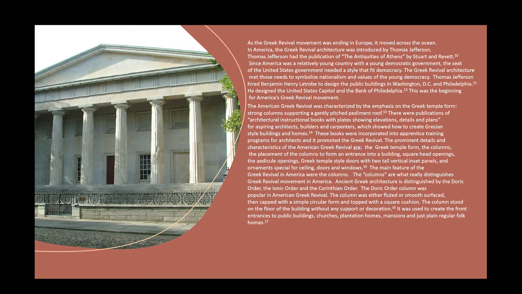Thomas Jefferson hired Benjamin Henry Latrobe to design public buildings in Washington, D.C. and Philadelphia. He designed the United States Capitol and the Bank of Philadelphia. This was the beginning of the American Greek Revival movement.